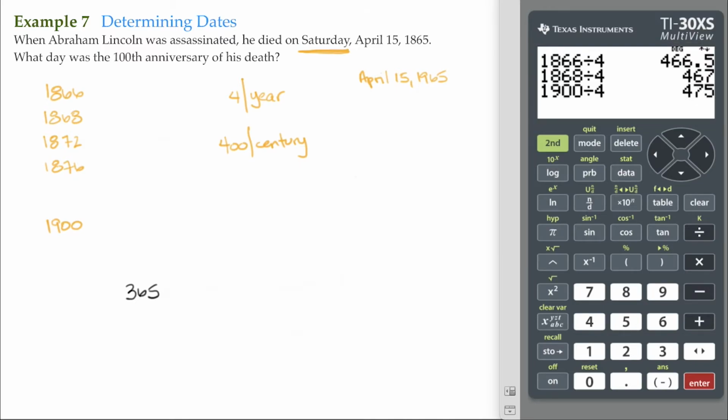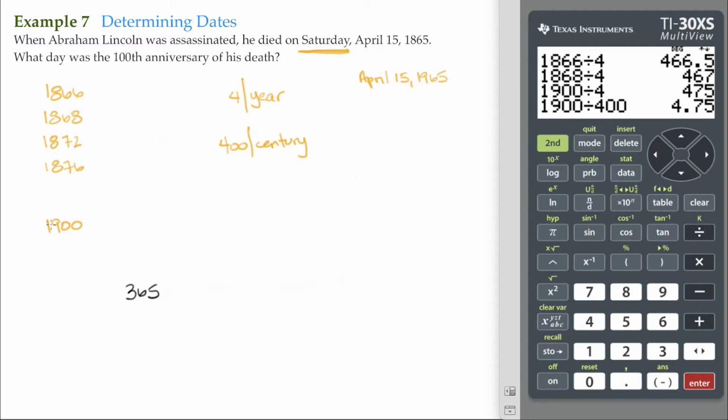However, since 1900 is a centurial year, it has to be divisible by 400. So we'll take 1900, divide that by 400, and it does not go into it evenly. So 1900 would not be a leap year.